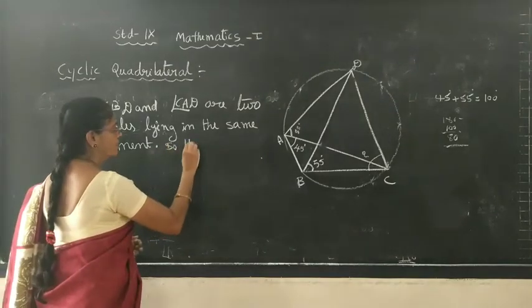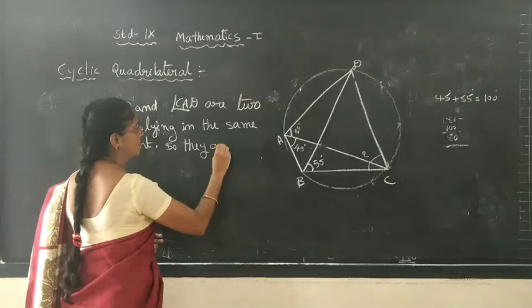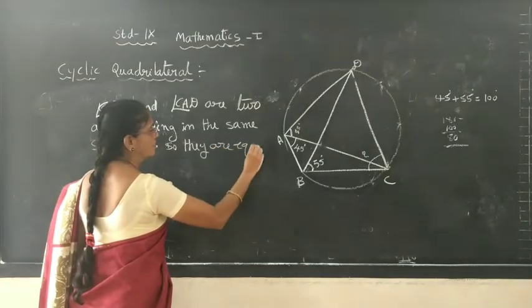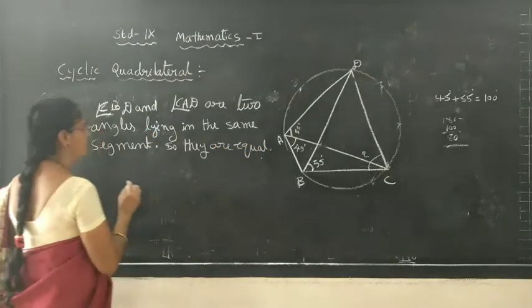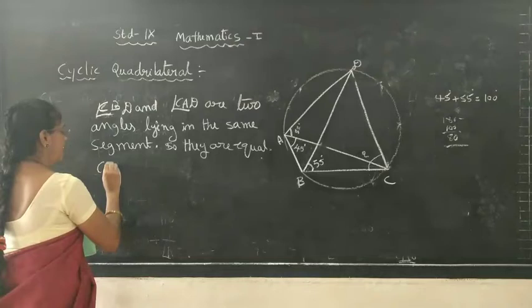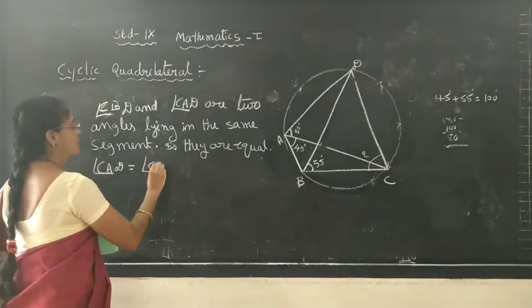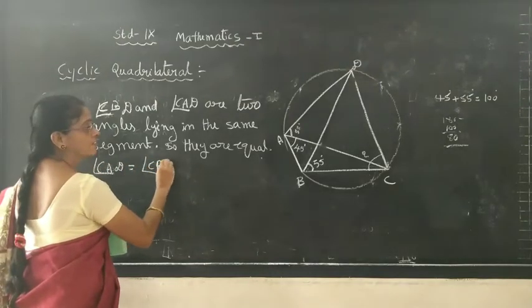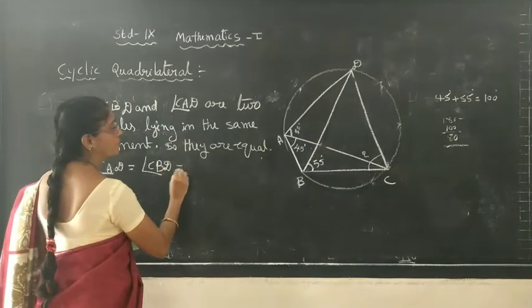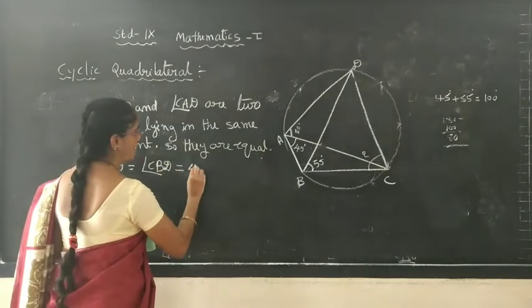So how to write that one? Angle CAD is equal to angle CBD, is equal to how much?